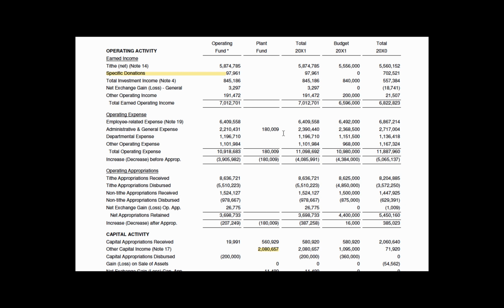In general, the only expense that appears in the plant fund is the depreciation. So in our sample financial statements, $180,009 is depreciation. Just for those of you that like to have every detail covered, depreciation expense is allowed in the plant fund, and any expense that is connected to investments in the plant fund.